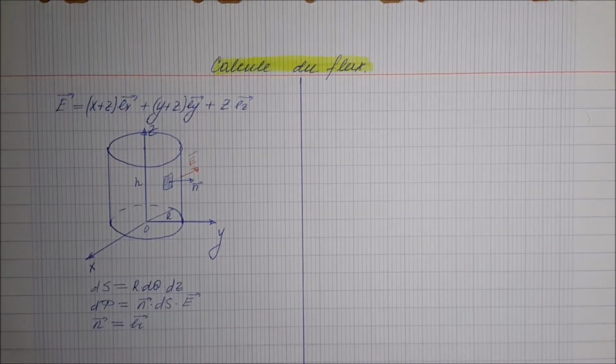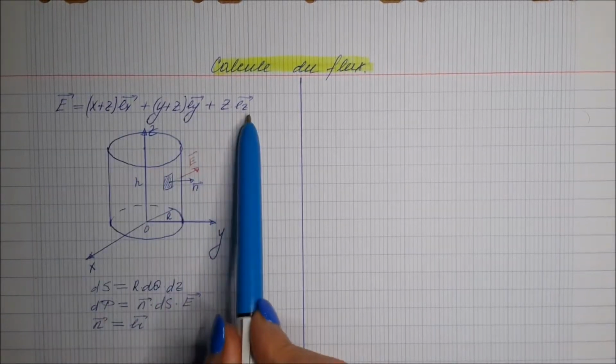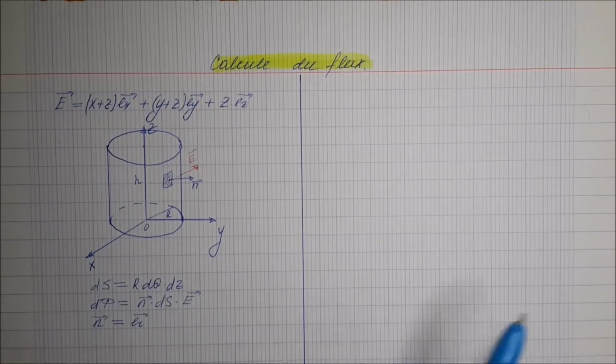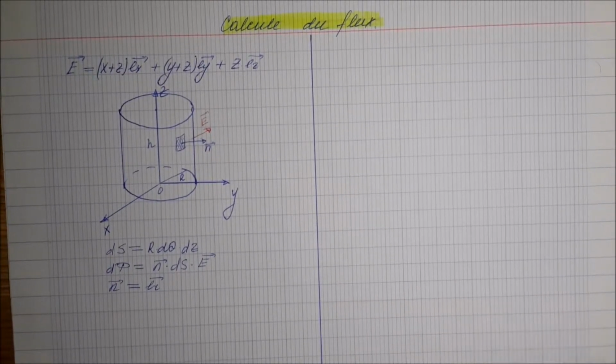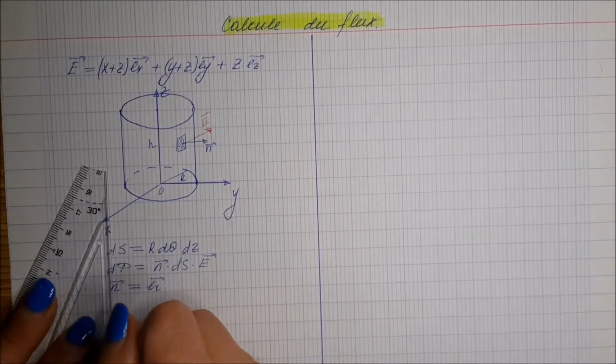In order to calculate a dot product, the very important step is to express both vectors in the same coordinate system. And the easiest way, taking into account that E is already expressed in Cartesian coordinates, is to express ER as a function of EX and EY in the Cartesian coordinate system.